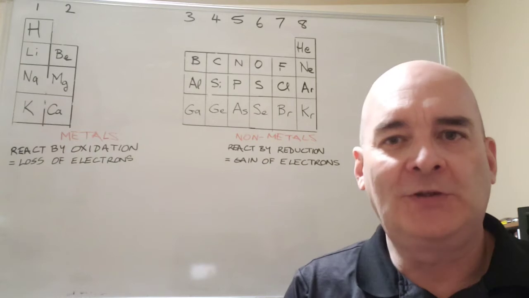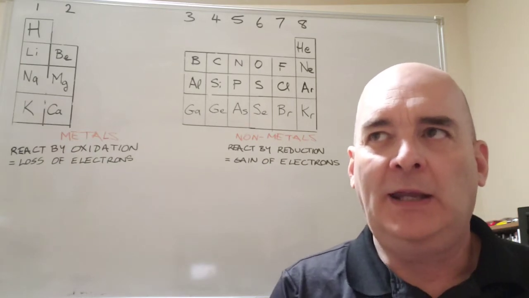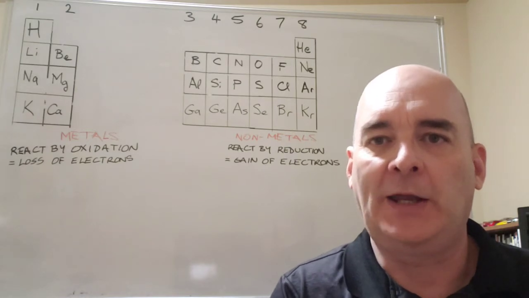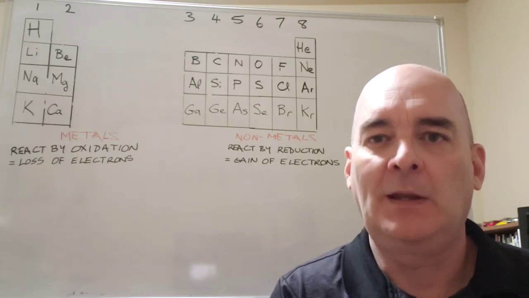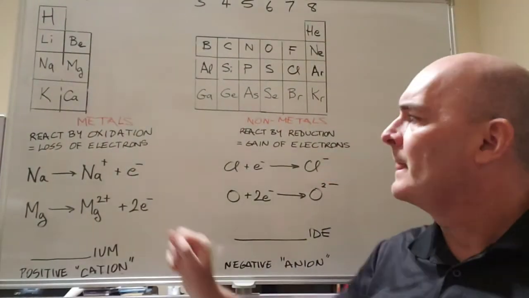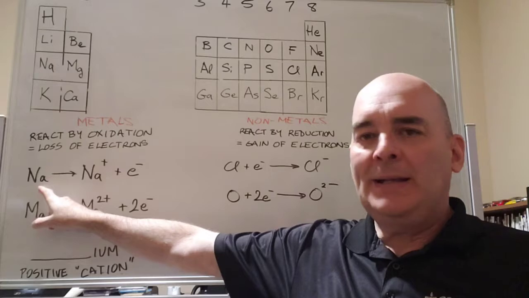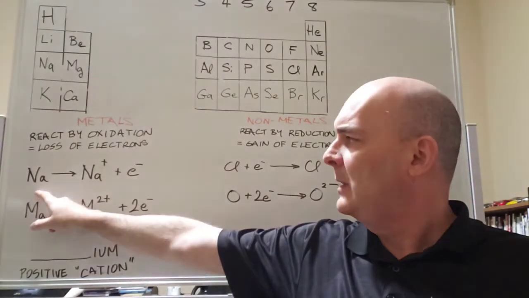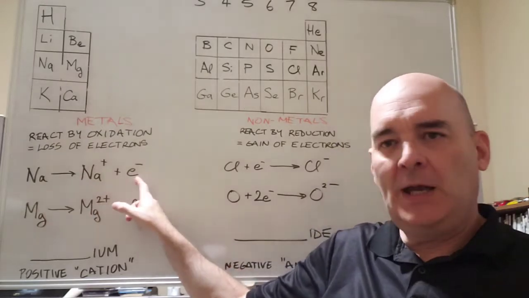What we're shaping up to do right now is introduce you to a type of bonding called ionic bonding. Here's how it works. Metal atoms, like this sodium atom, will lose an electron.